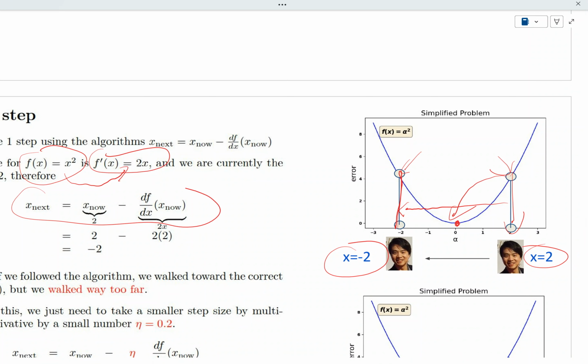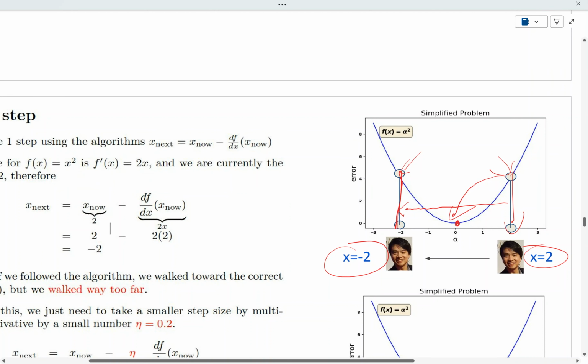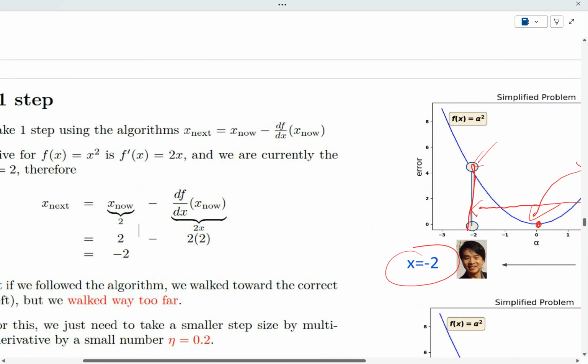So this equation where you take the current location and update it is not quite right, because you're taking a step that's too big. What we normally do is change the step size by multiplying by a small number, which we call eta.